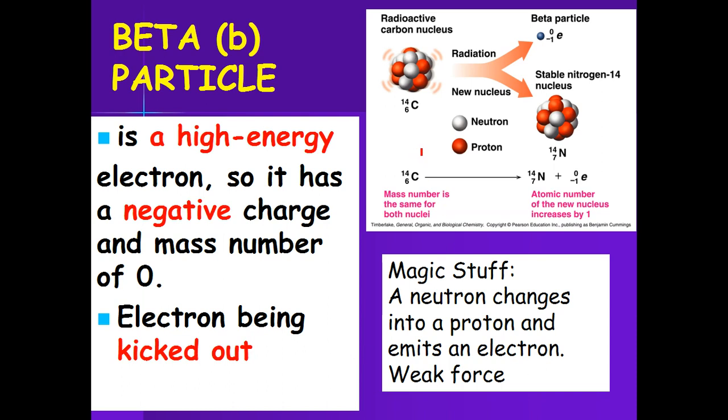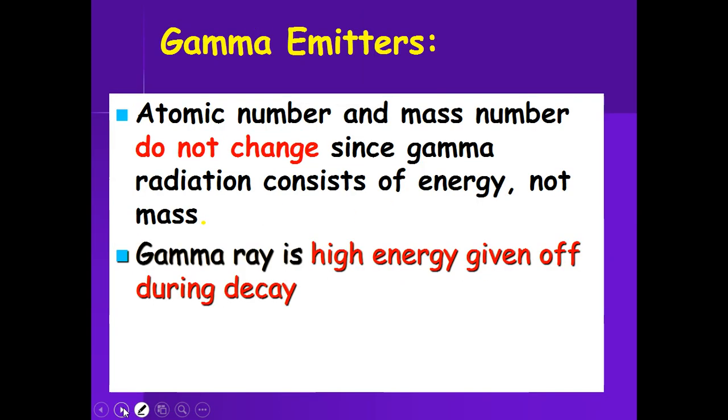In this example, I've got carbon, and if it emits this electron over here, 14 minus 0 is 14. 6 minus a minus 1 gives us 7. Gamma emitters, nothing happens to the nucleus. It simply emits energy to be more stable.